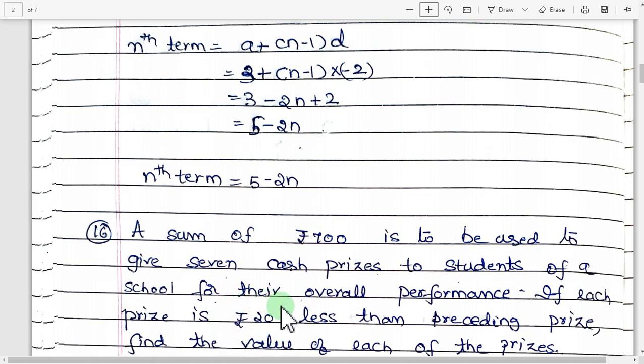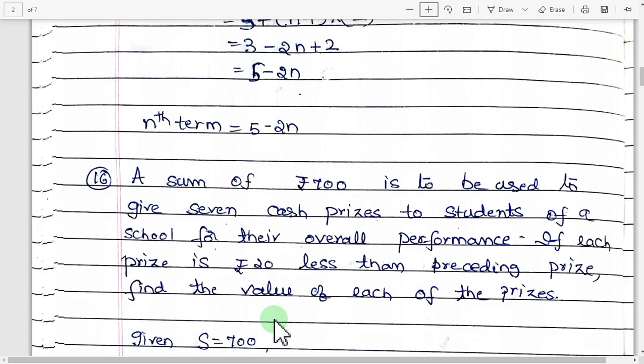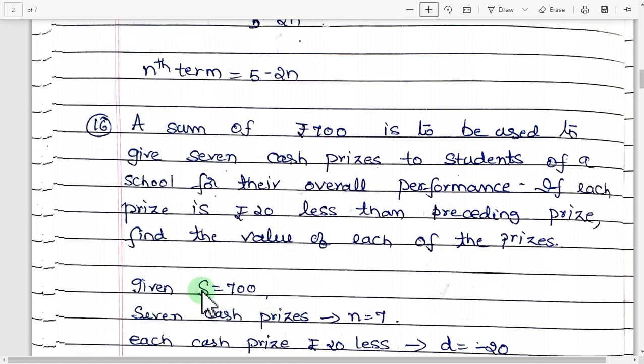Each time you have to subtract 20. So here S is 700, n is 7, and d is minus 20.